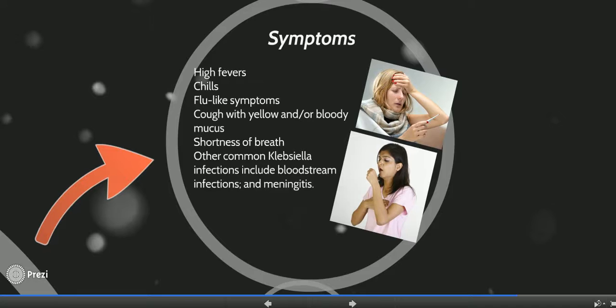Early signs and symptoms include high fevers, chills, flu-like symptoms, cough with yellow and/or bloody mucus, and shortness of breath, that is called dyspnea. Other common Klebsiella infections include bloodstream infections, wound or surgical site infections, and meningitis.